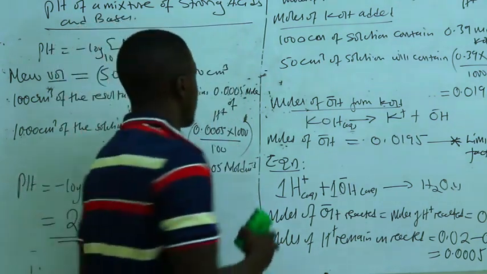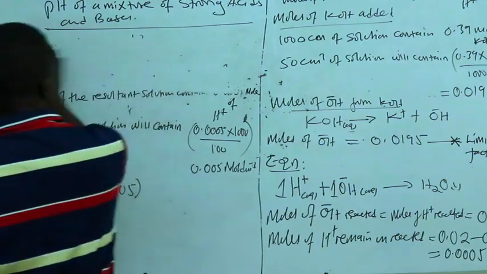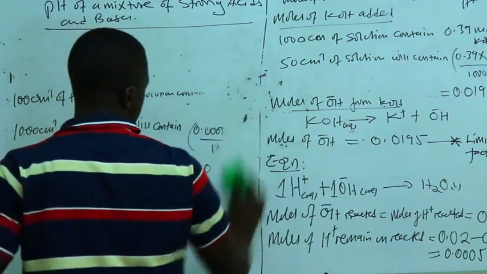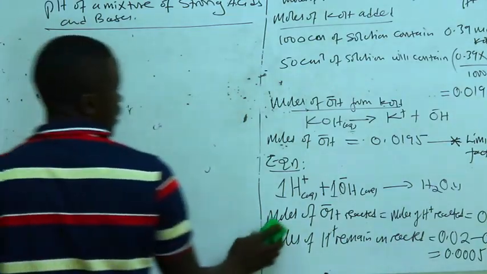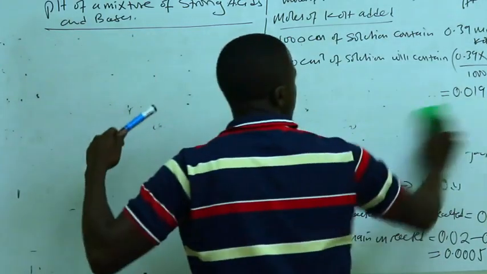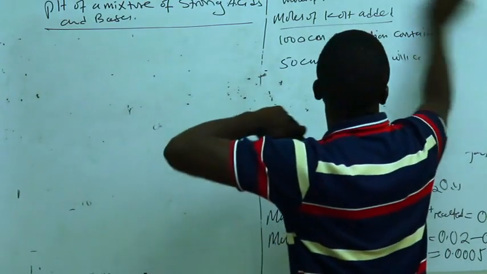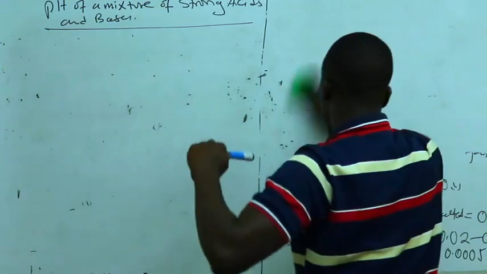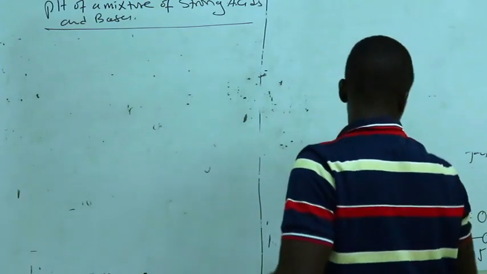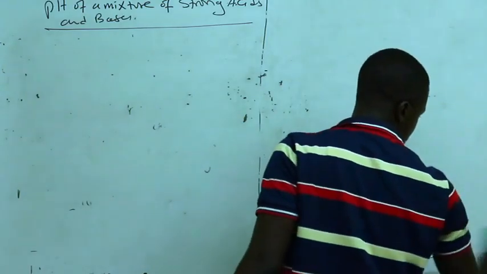There is another question that we can look at, similar, and this you will be doing following the steps illustrated in this video. You'll be able to do this on your own and get the pH of the resultant solution.